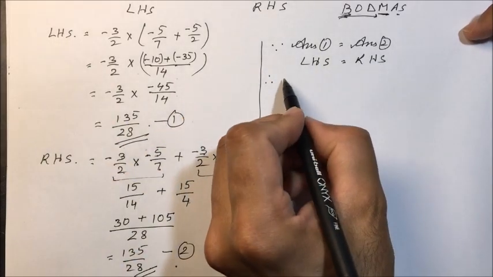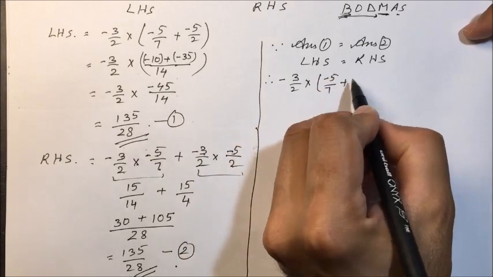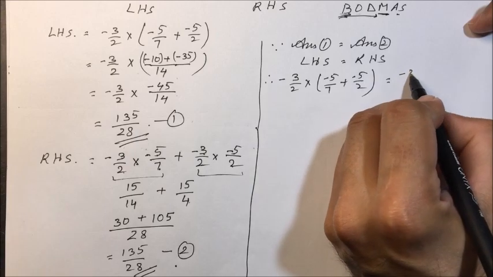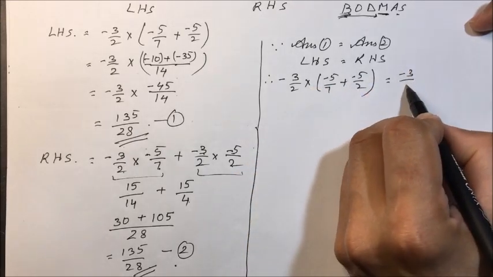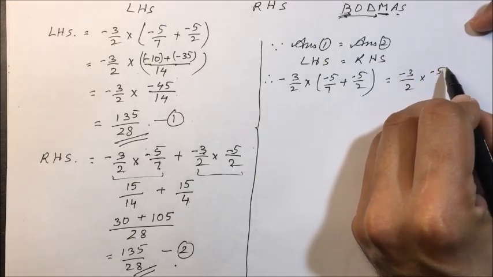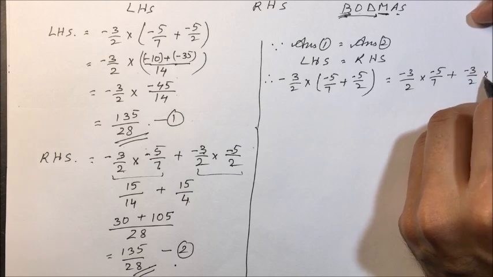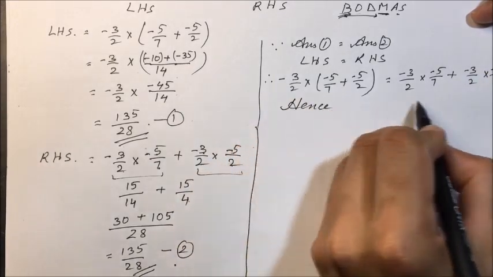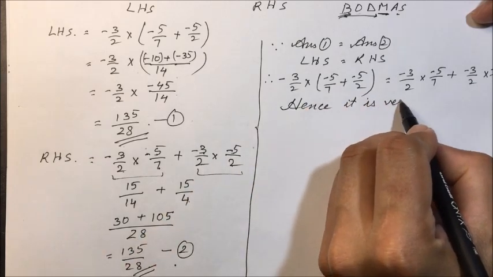Therefore minus 3 by 2 into (minus 5 upon 7 plus minus 5 upon 2) is equal to, we have distributed the multiplication over addition, minus 3 upon 2 into minus 5 upon 7 plus minus 3 upon 2 into minus 5 upon 2. Hence the distributive property is verified.